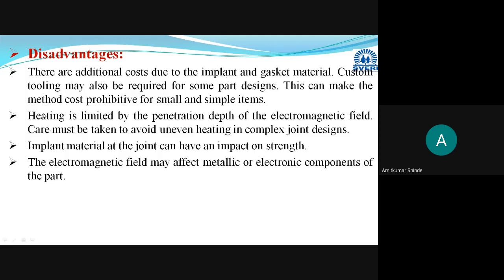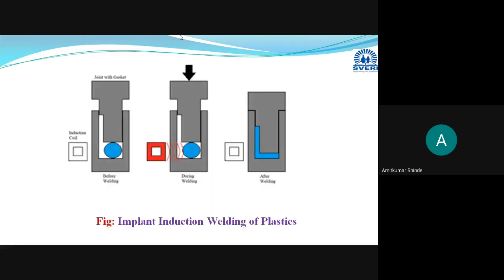Then another disadvantage is that, depending on your design, you have to design the required tools. Some specific tools you have to design here, depending on the design of this joint.